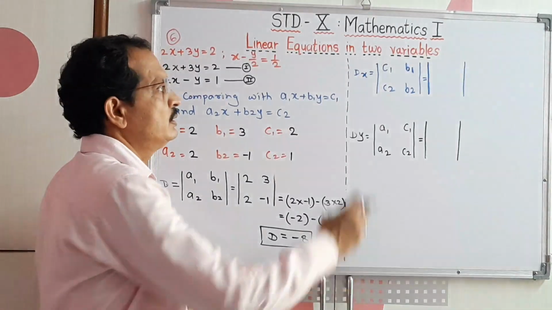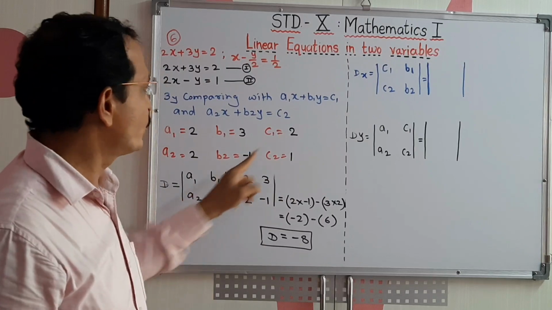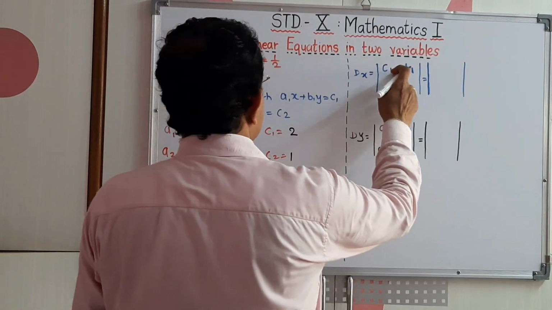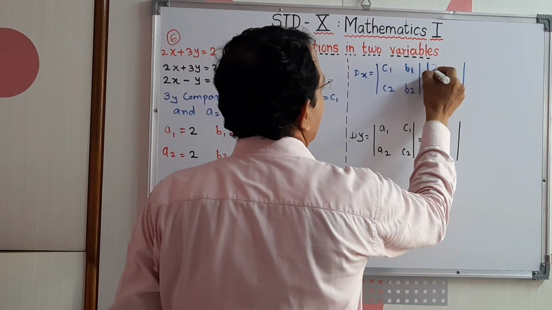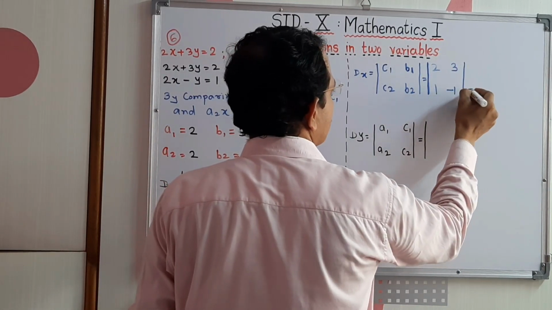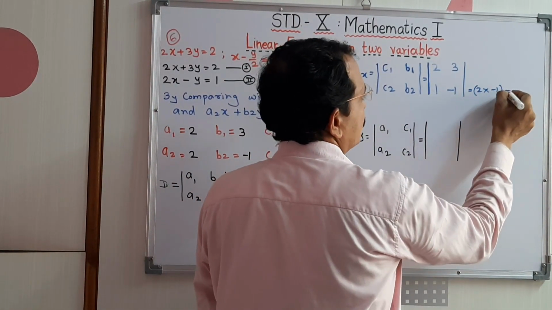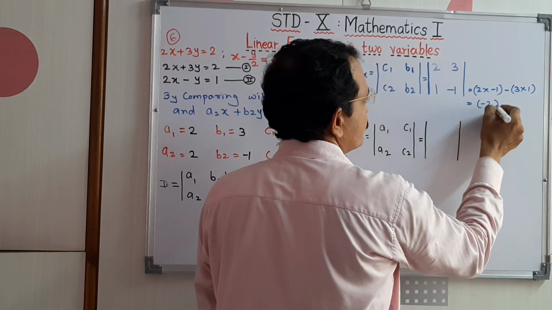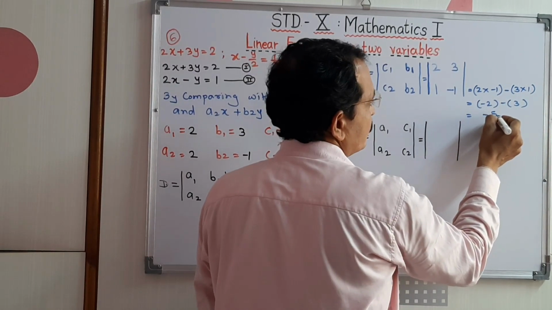Now see the dx. As I have already told you, this a1 a2 we have to replace with c1 c2. Therefore we have to write here c1 c2, that means 2 1, and b1 b2 is 3 and minus 1. Now it is 2 into minus 1 minus 3 into 1. It is minus 2 minus 3, it is minus 5.